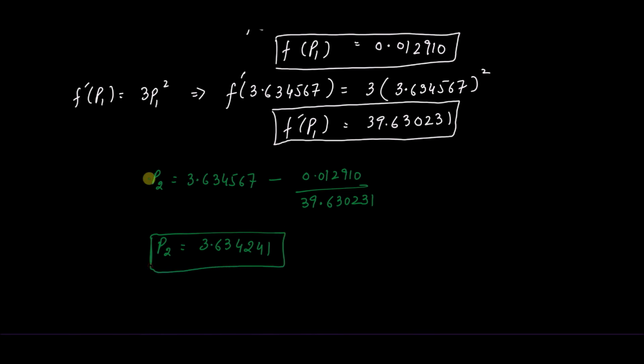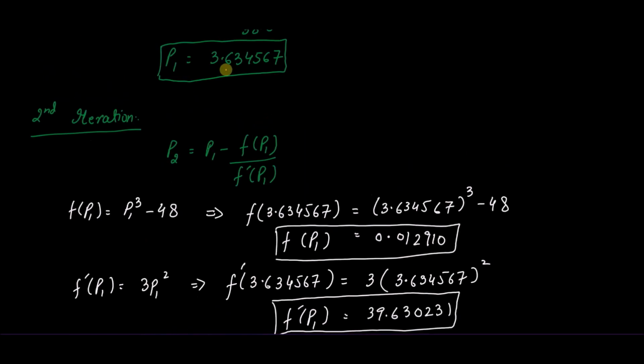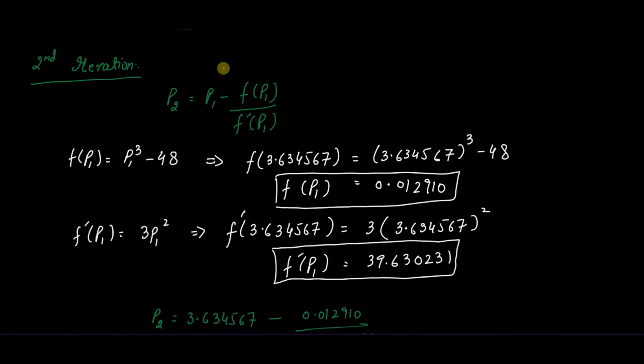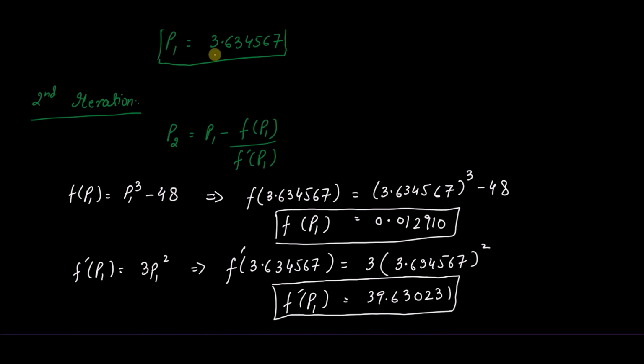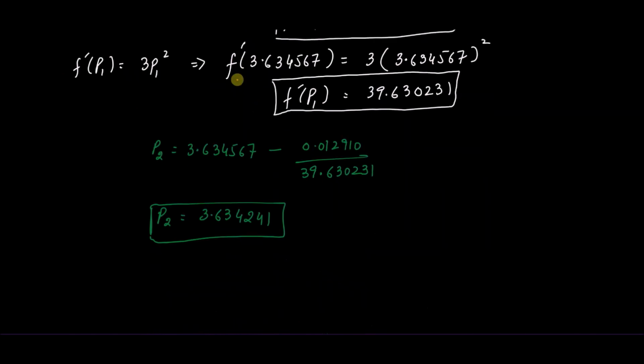Now we need to compare our values in order to check whether we achieved our required accuracy or not. The value of P1 is 3.634 and the value of P2 is 3.6342. So till 3 decimal places, our answer is almost similar.